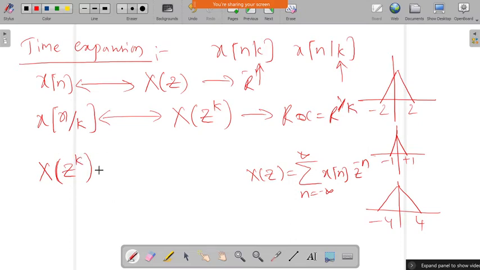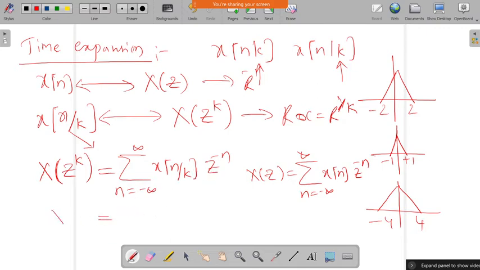So x of z power k we can write as the summation n equal to minus infinity to plus infinity of x of n by k, since we are finding the z transform for this signal, into z power minus n. Now we can put n by k as another variable.